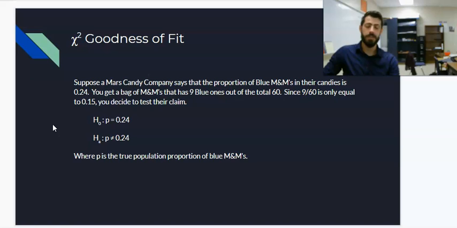You could do this using a significance test for proportions, where your null hypothesis would be that the proportion of blue M&Ms equals 0.24, versus an alternative where the proportion of blue M&Ms does not equal 0.24, and you could go out and test this for blue M&Ms.